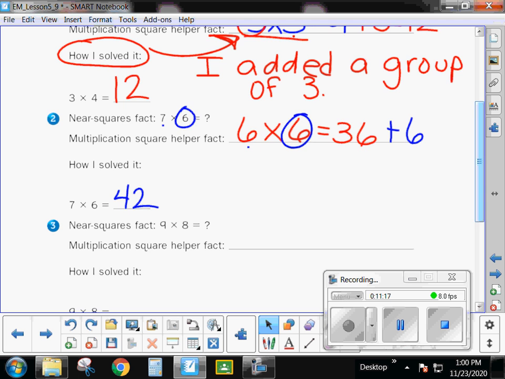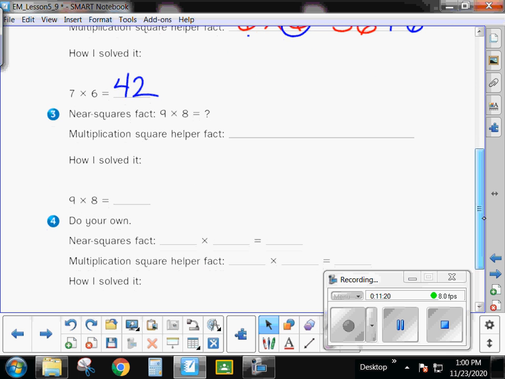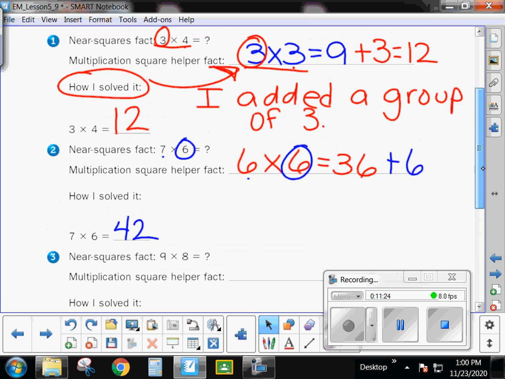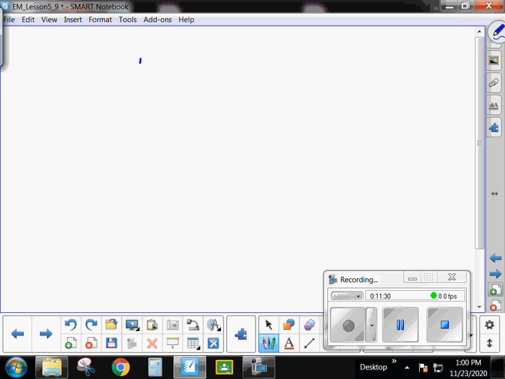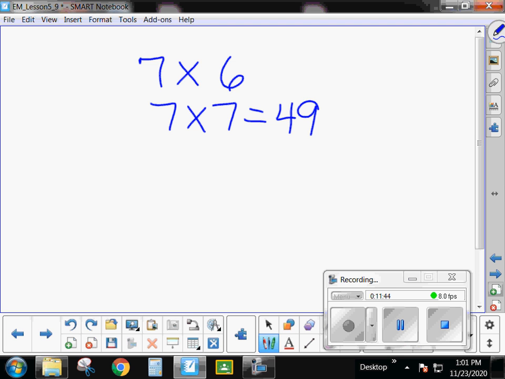All right, let's go ahead and do 9 times 8. Actually, you know what? I'm going to show you something because maybe you chose a different square fact for 7 times 6. So let me do that real quick. Let's say you chose to do 7 times 7, which would be totally fine. But let me show you why I don't like to choose the bigger factor. 7 times 7 is 49.